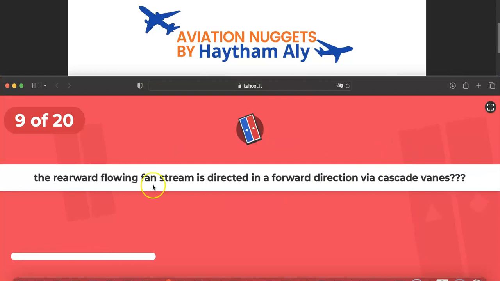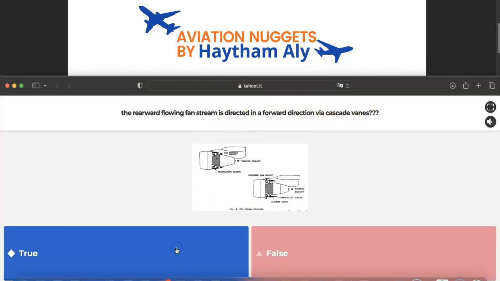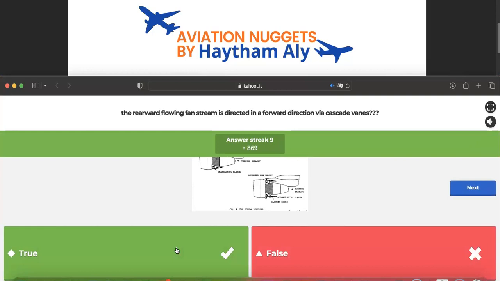Question 9 of 20. The rearward flowing fan stream is directed in a forward direction via cascade vanes. This statement is true. When the translating sleeve goes aft, it exposes the cascade vanes, and their function is to direct the cold stream in a certain direction away from critical components of the aircraft.